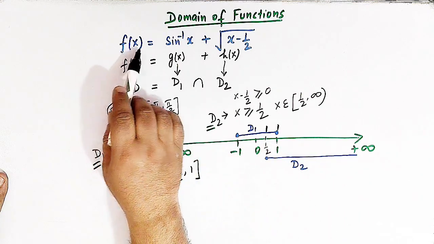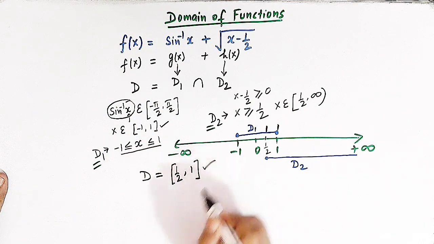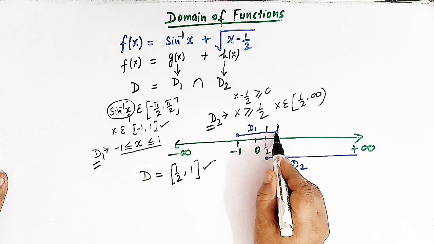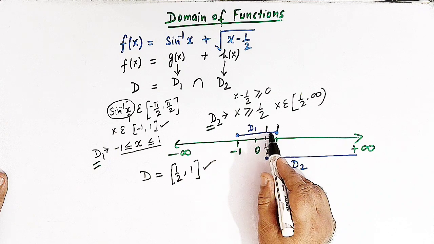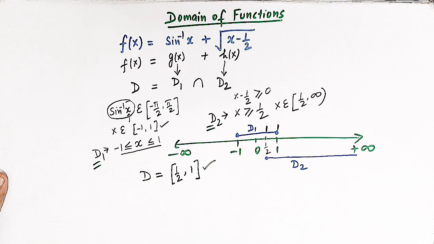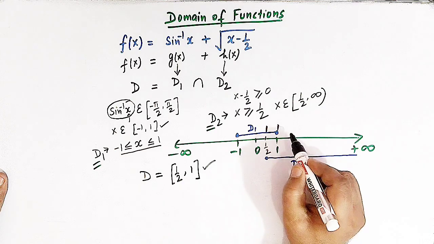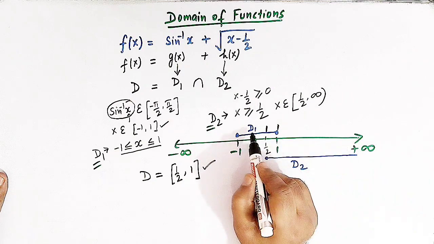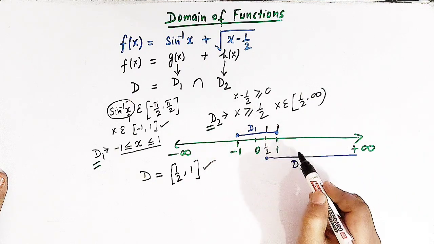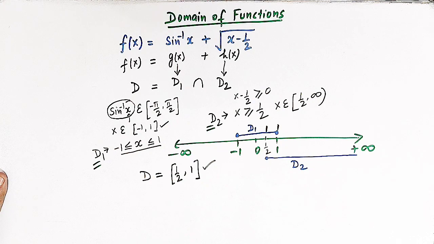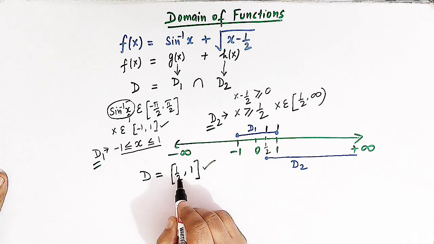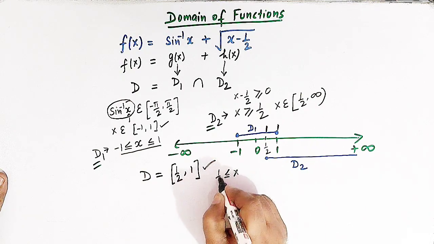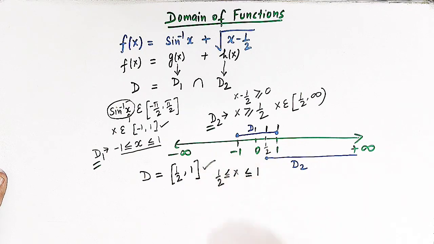So the domain of this function f of x is given by this interval, from half to 1, because this region is the only region which is common to both these domains, d1 and d2, right? Because the part from 1 to infinity is not included in d1, and similarly we can explain other regions also, right? So our required domain is given by this interval, which can also be written like this: x is greater than or equal to half but less than or equal to 1.